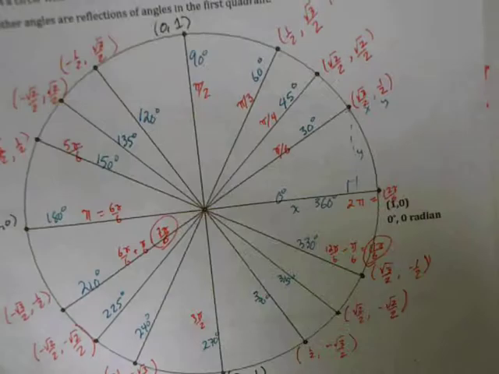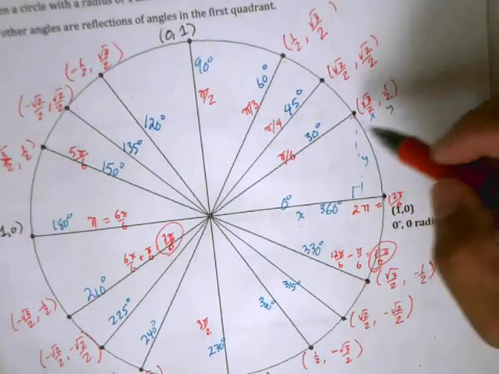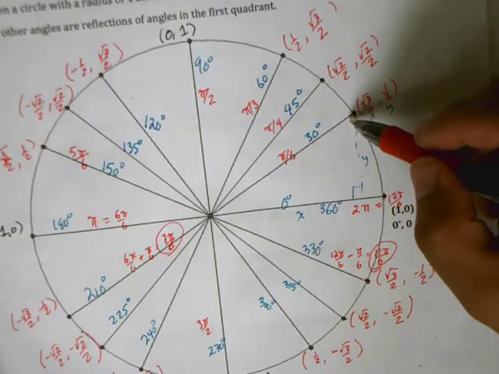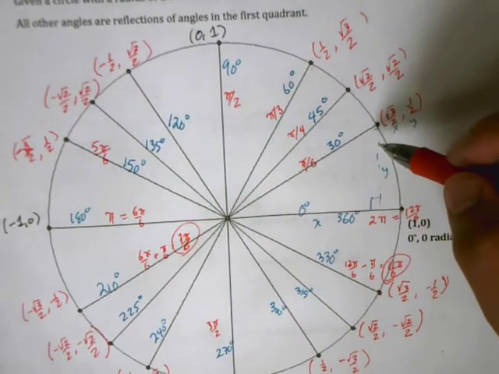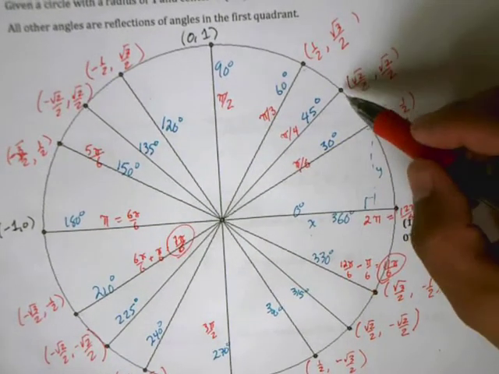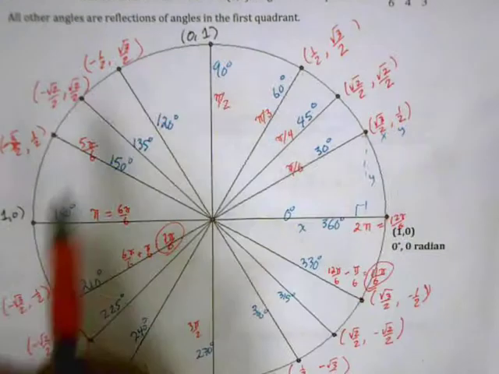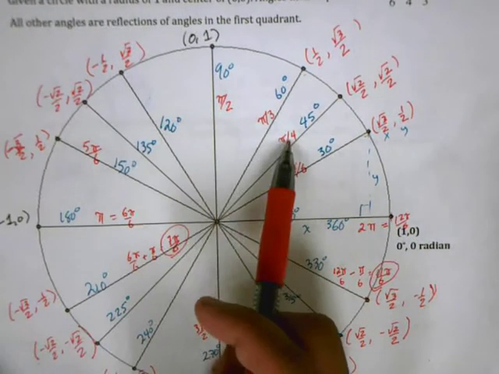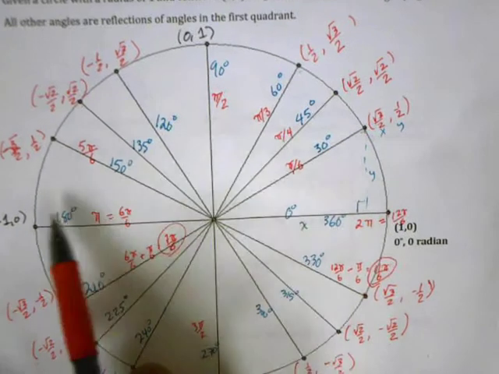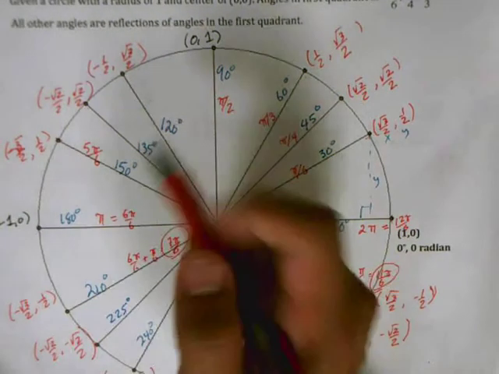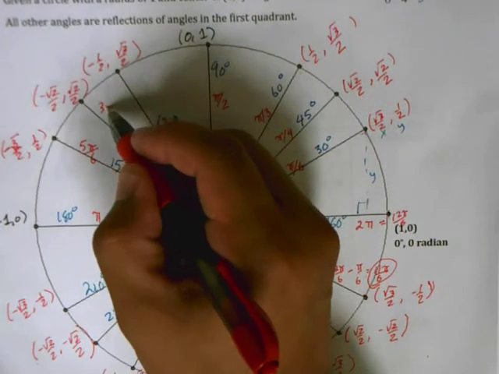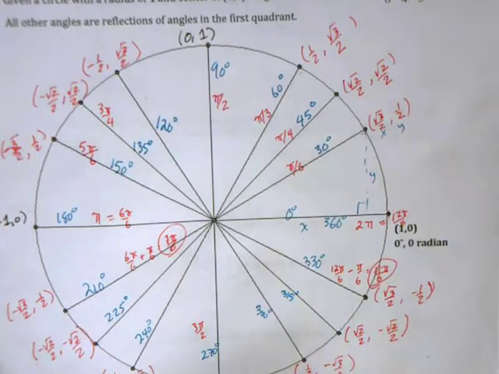And now I can do that with the other increments as well. That was the increments in terms of 1/6 of pi. Now let's do 1/4 of pi. From pi back to this point here is going to be pi over 4. So pi minus pi over 4 is 3 pi over 4.